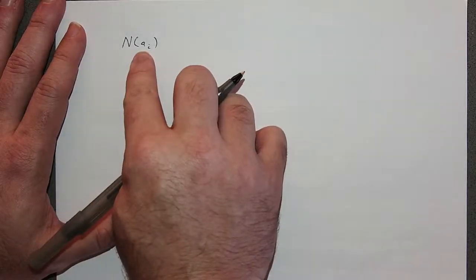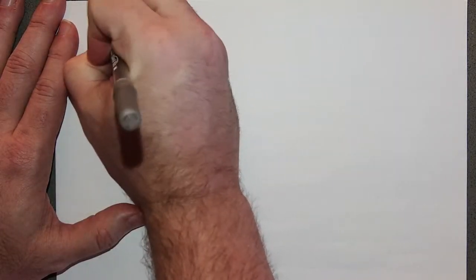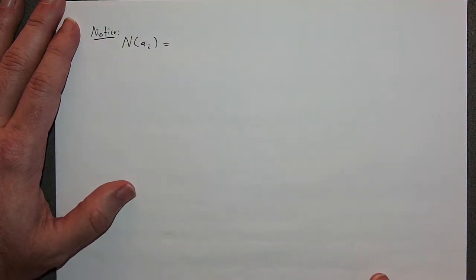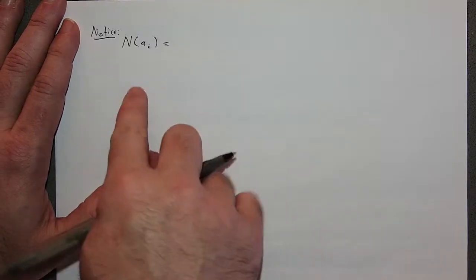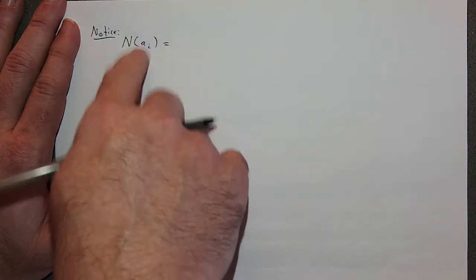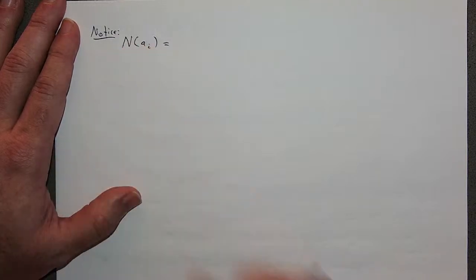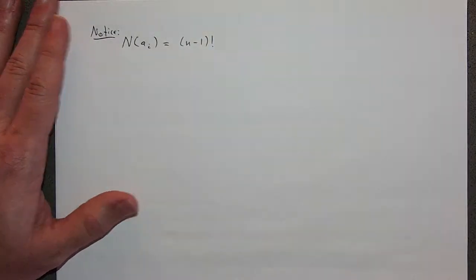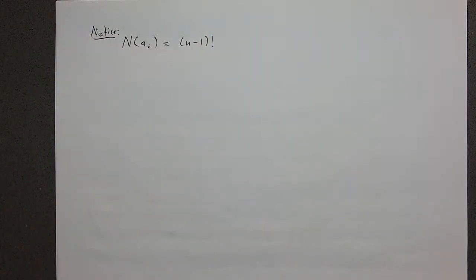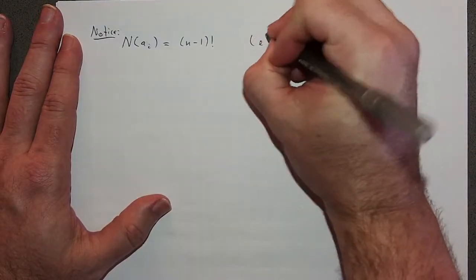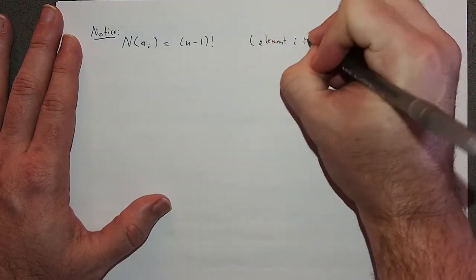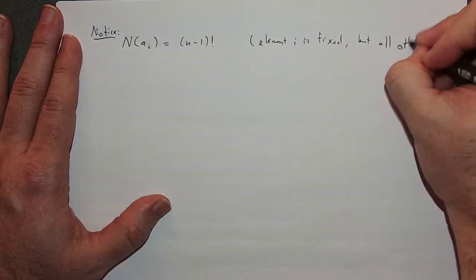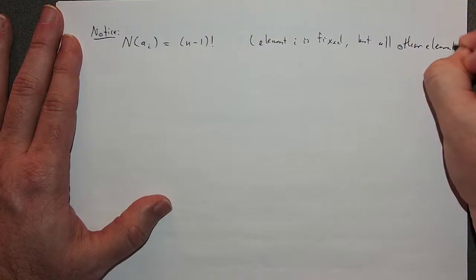So notice, first of all, that the number of permutations satisfying this property, that is, element i remains in its original position, is actually n minus 1 factorial. Why? This is because element i is fixed, but all other elements may be permuted arbitrarily.